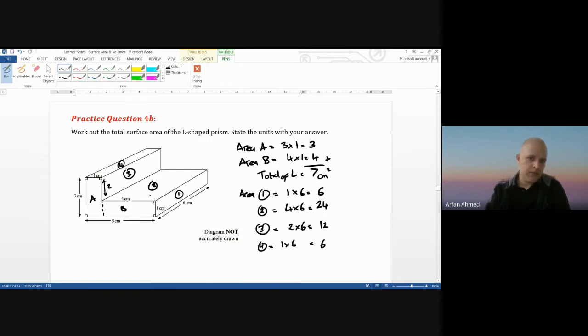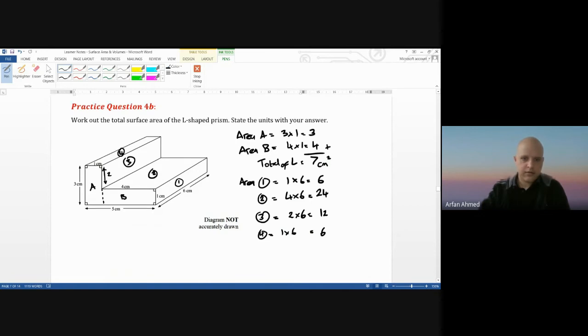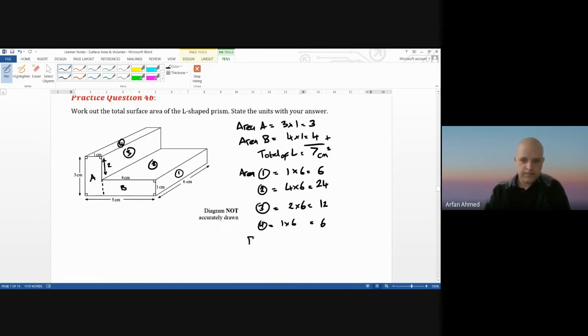Okay. The one on the back is going to be 3 times 6. Yeah, 3 for the height, 6 for how long it is. Yeah, 3 times 6. Definitely, that's the back. Or you can call it something else. I'm thinking of the back of the L shape on this side.